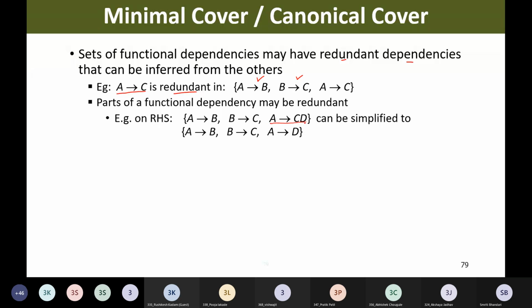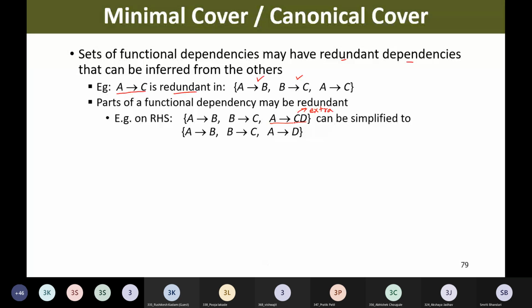So, we may check whether any of the attributes on this right hand side is actually extra. Even if we omit this attribute C, there will not be any harm.